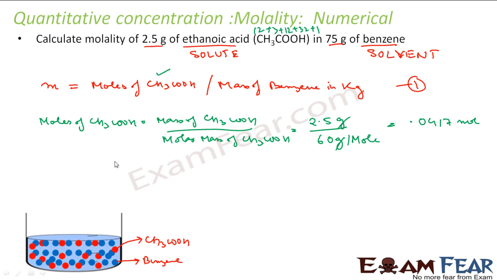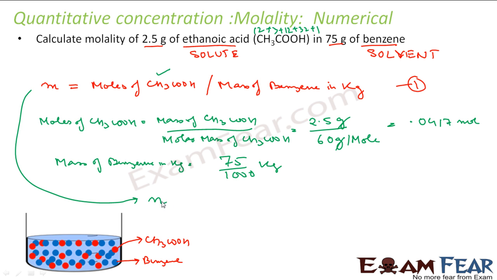This I know. What is the mass of benzene in kg? So we have 75 grams. 75 grams means 75 by 1000 kg. So let's plug all these values in equation 1, right? If you put these values in equation 1, the molality becomes moles of CH3COOH, that is 0.0417 mole, by this in kg, that is 75 by 1000.